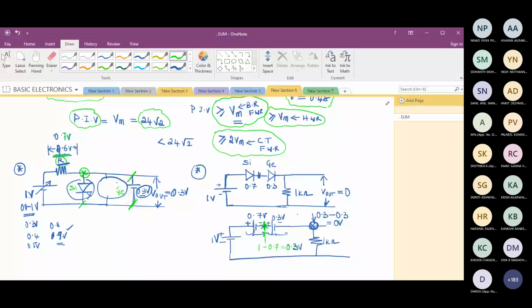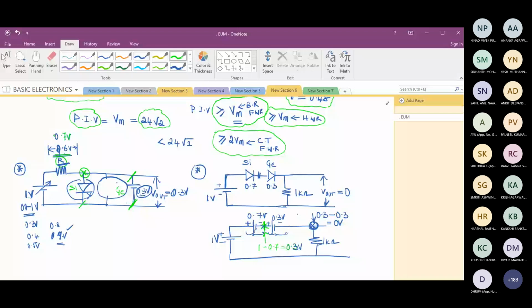Or two voltages, if they are equal, we can connect them in parallel. Can we connect two batteries of different voltages in parallel? Is it possible? No, sir. So the circuit won't work. Is it clear? Yes, sir.